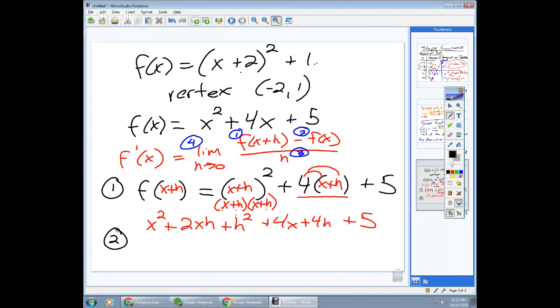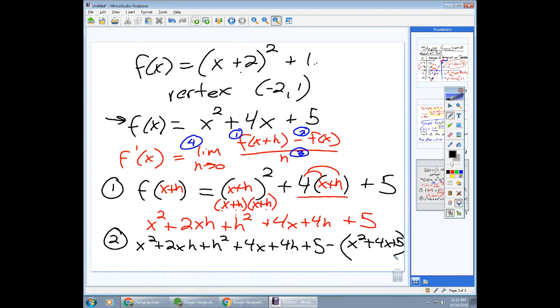I'm tempted to not write all of that out, but I'm going to today: x squared plus 2xh plus h squared plus 4x plus 4h plus 5. And now I need to subtract, in parentheses, the original function. What's the original function? I'm going to use that version right there, x squared plus 4x plus 5. So minus parentheses, x squared plus 4x plus 5.